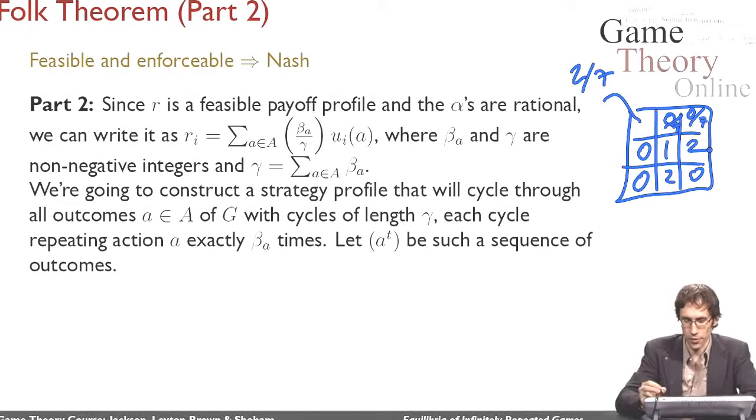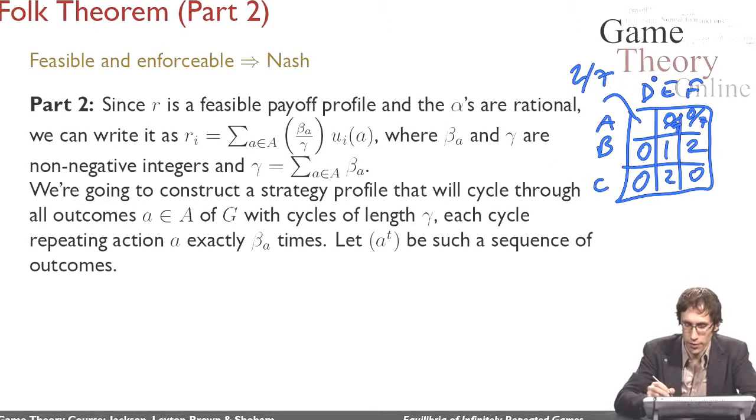Then what the strategy would do is just cycle through. Let's give these names: A, B, C, D, E, F. Player 1's strategy would be to play A, B, B, B, C, C, and then go back and keep doing that forever.